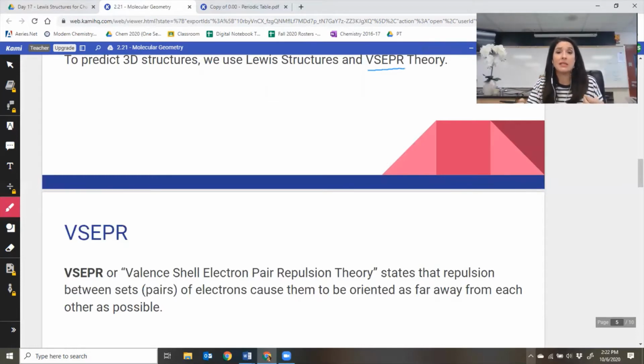And this makes sense. So the VSEPR theory states that repulsion between sets or pairs of electrons cause them to be as far oriented, as far away as possible in a molecule. And so they move in such a way to maximize their distance from other electron pairs. So they tend to spread out as far as they can without bumping into another set of electron pairs.